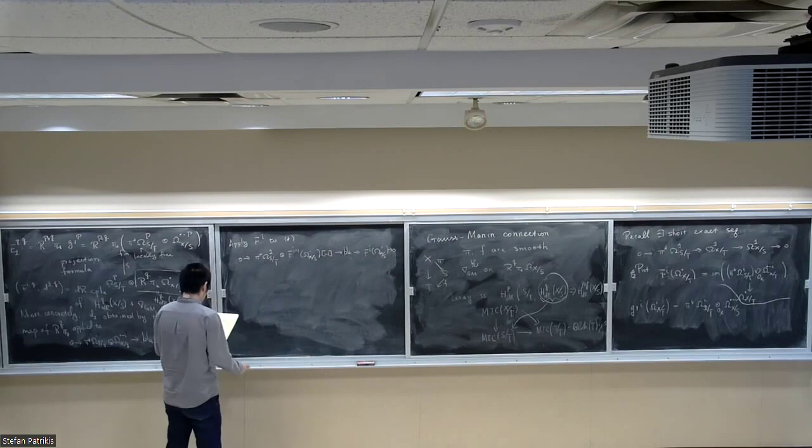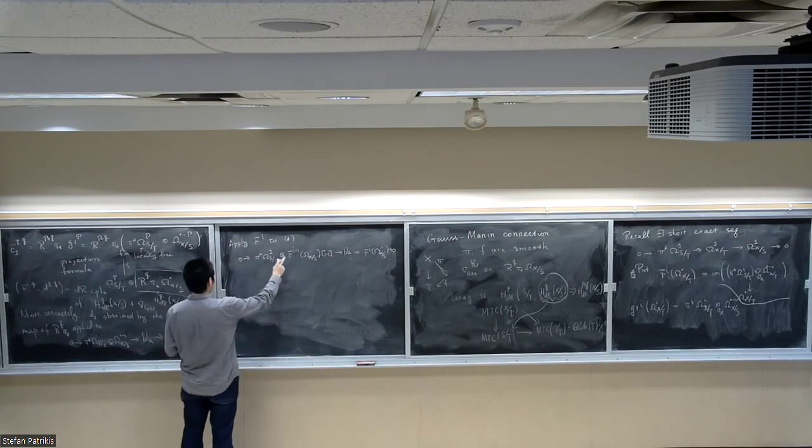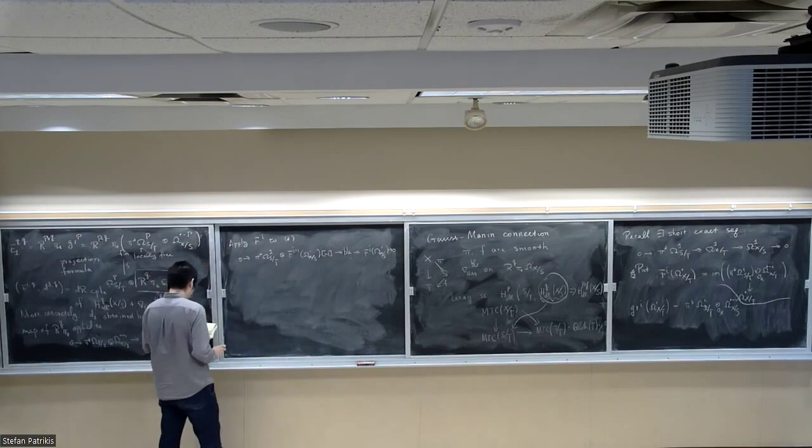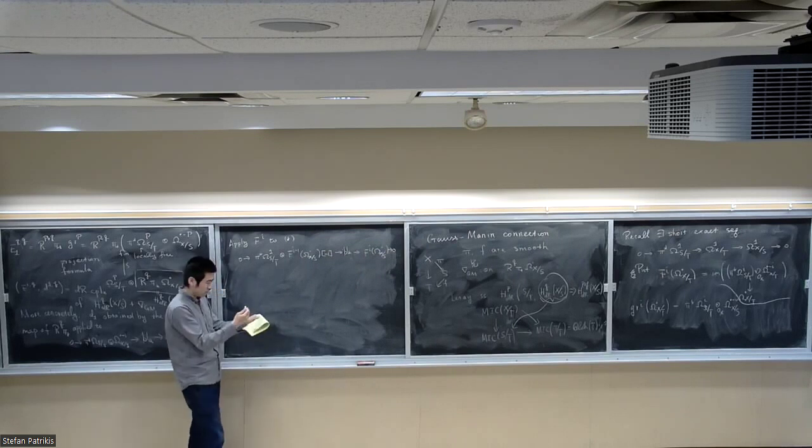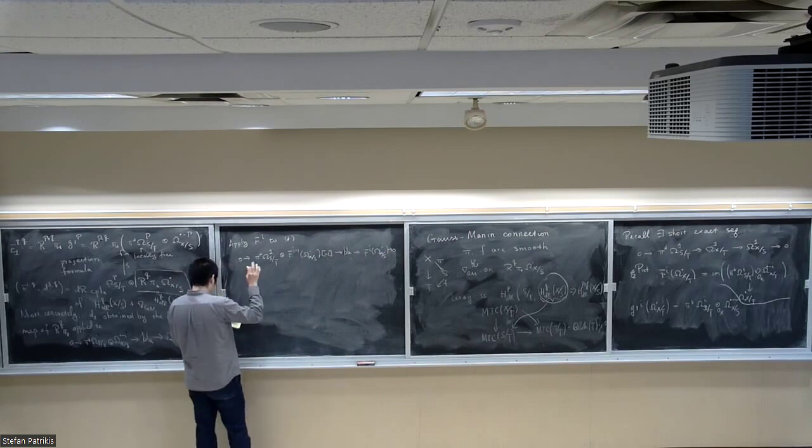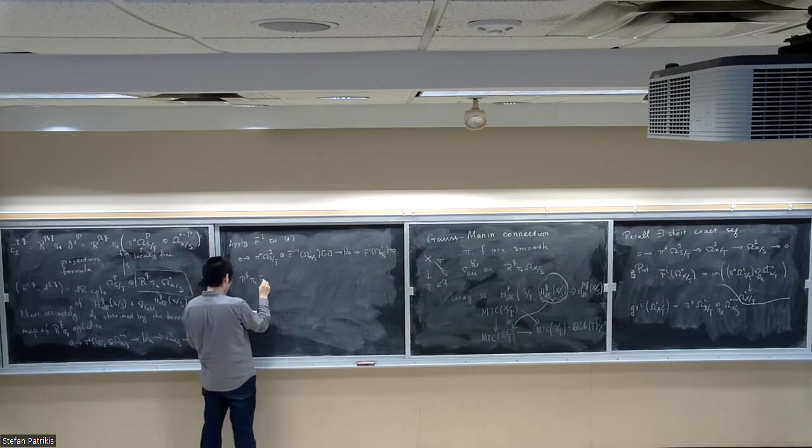If you compare this sequence to this sequence, you obtain the following commutative diagram, just because of a natural property of boundary maps in homological algebra.